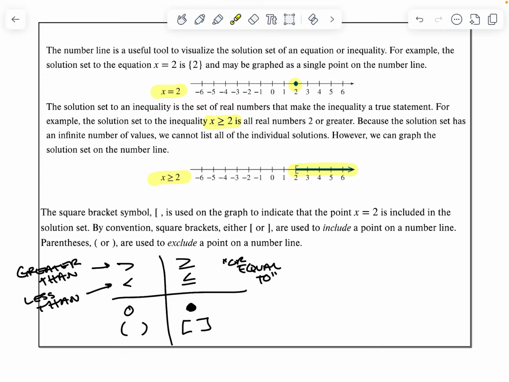When we get ready to write our interval notation, it will also have parentheses if we're talking about greater than or less than. The greater than or equal to and less than or equal to, those are notated with a closed dot on the number line. You see that here? And they can also be notated with brackets on the number line. They could also be notated with brackets in our interval notation when we get ready to write that.